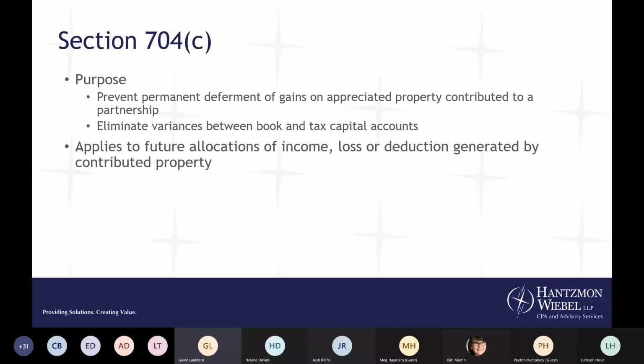So the partnership's gain is 100. 90 of that 100 gets allocated to me first. That was my pre-contribution gain, the difference between the $100 value of the property I contributed and the $10 tax basis that I had in it.